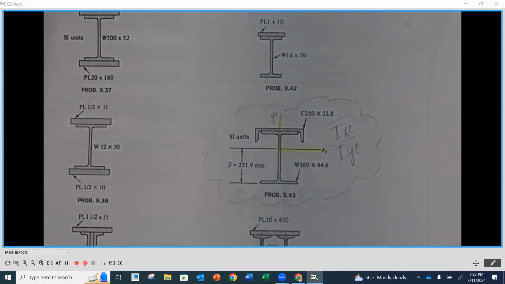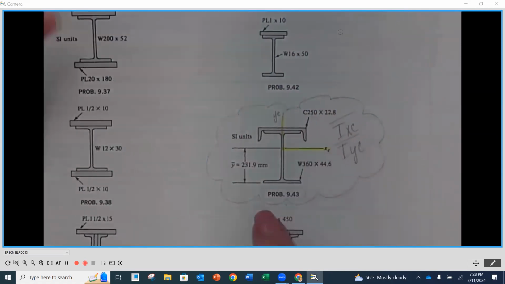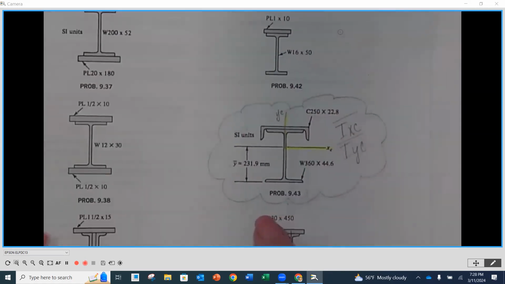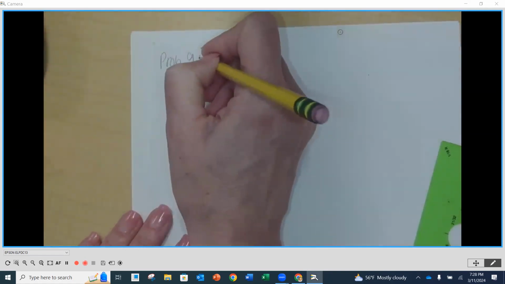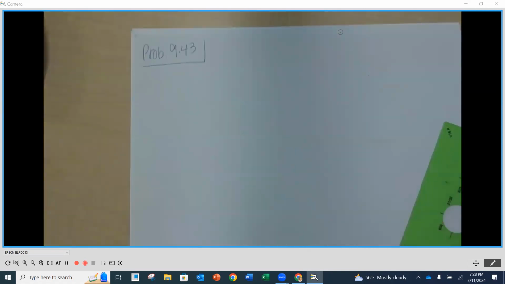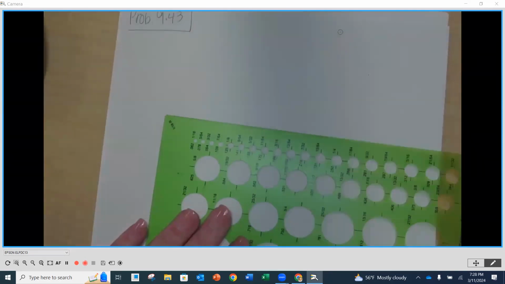Okay, so we will start by drawing everything together here and start gathering the information on the separate items. So this is going to be problem 9-43.